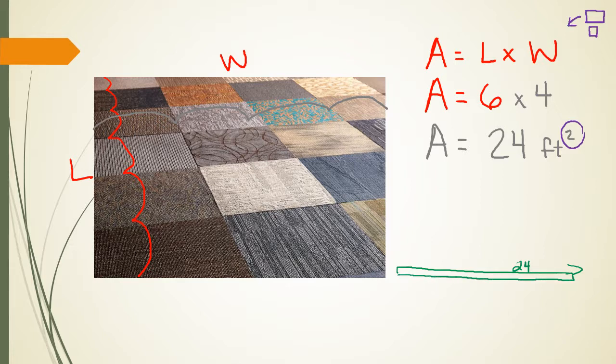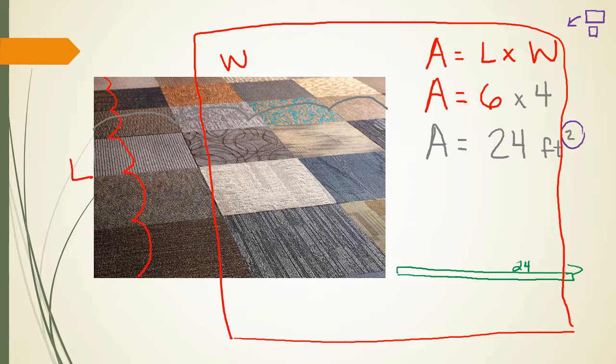Or they could roll out 24 feet of carpet 24 feet wide. And then I would have a ton of carpet. So it's important that you say what your square footage is for area. Area equals 24 square feet, or feet squared. If it was meters, you would say meters squared. If it was centimeters, centimeters squared. Area is 2D, so you need the little 2.